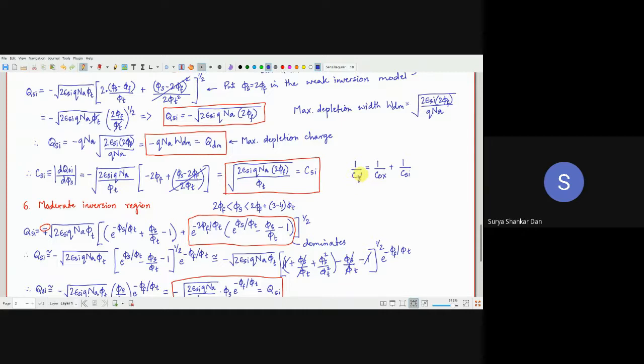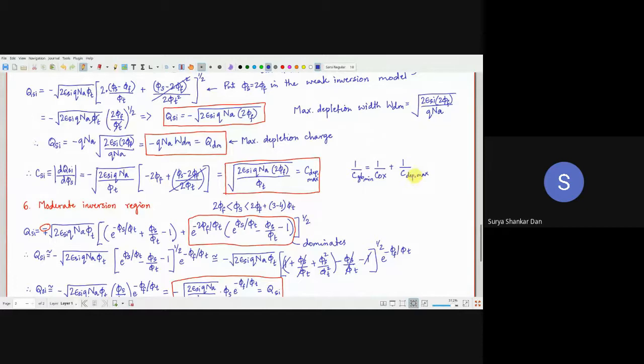So this is CGB min. This CSI, instead of CSI, I'll put it C dep max. At the maximum depletion region, that will be your capacitance, because now it has increased a lot. This is the maximum you can get.